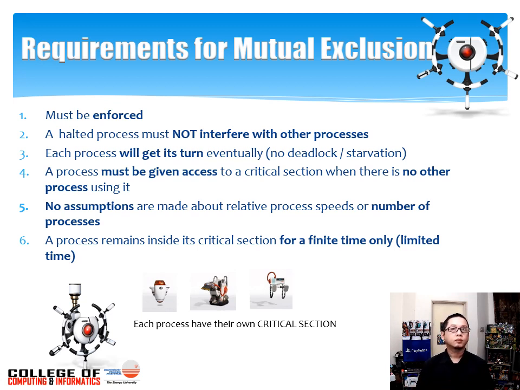to the needing process. Secondly, a halted process must not interfere with other processes. So for example, when the time comes for a process to stop and give the chance for other processes to execute, then it must not interfere with the process execution. It means that when a process comes to, for example, a suspended or blocked state, then it must not interfere with other process execution.